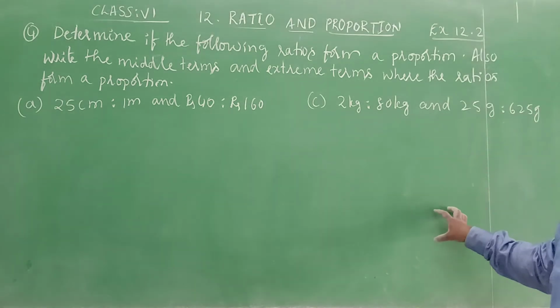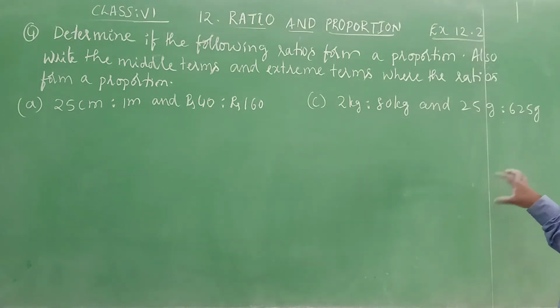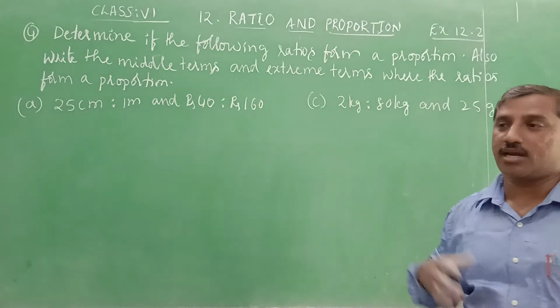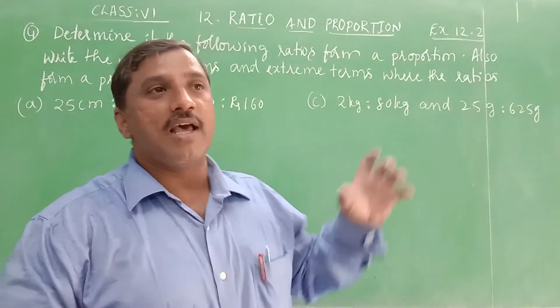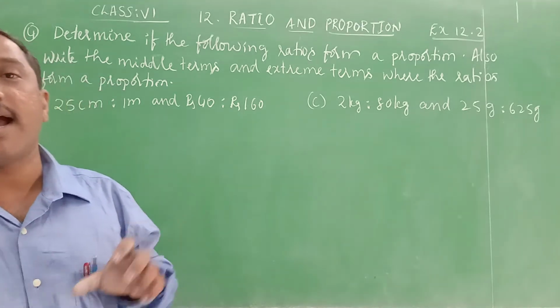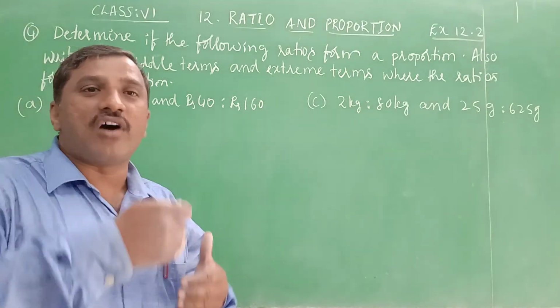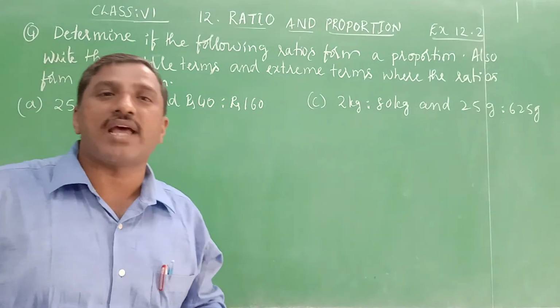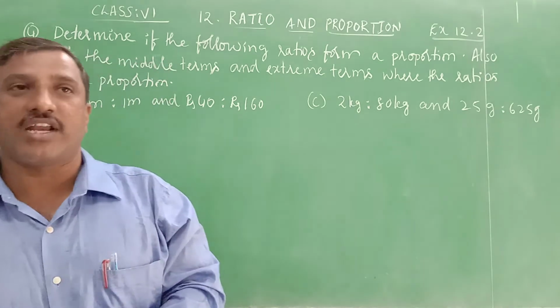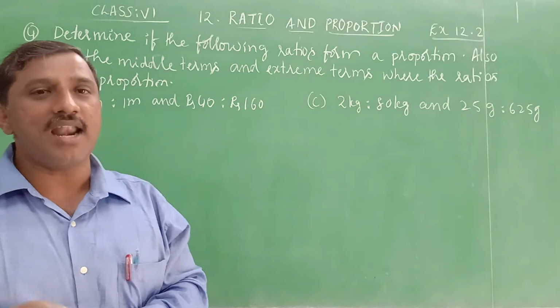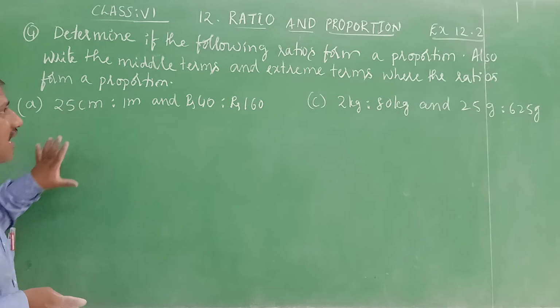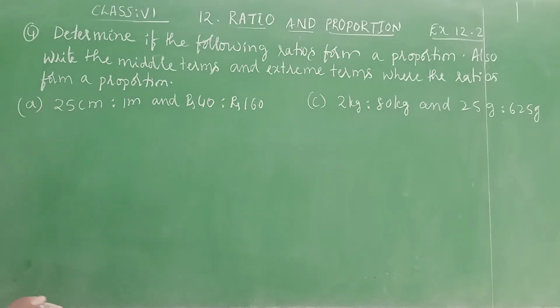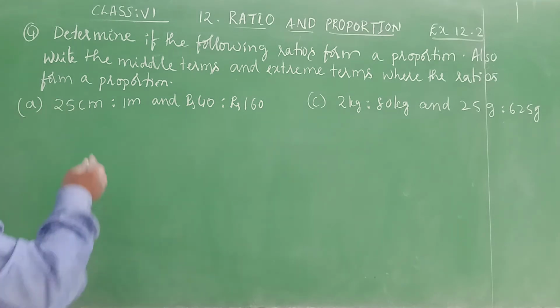Also write the middle terms and extreme terms where the ratios form a proportion. If they form a proportion, write the middle terms and extreme terms. If they don't form a proportion, no need to write middle terms and extreme terms. If they are in proportion, we have to write the extreme terms and the middle terms.